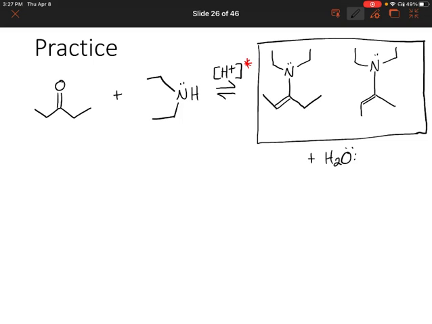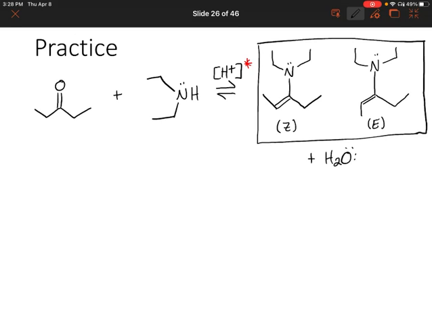All right, so the first one would be a Z configuration because the 2 higher priority groups are on the same side. So they're both pointing kind of up. And the other product would be E because the higher priority groups are pointing in opposite directions. Oh, and I forgot a carbon on my E configuration.